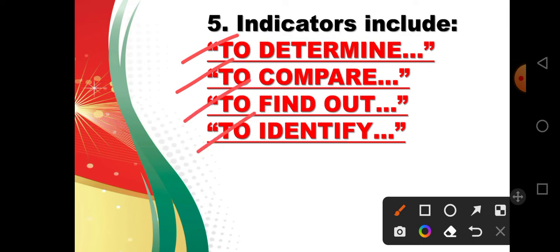So if your specific objectives start with to determine, to compare, to find out, to identify, to ascertain, it means that such specific objectives you are writing are examples of descriptive research questions. So this will wrap up our discussion regarding the descriptive research questions.